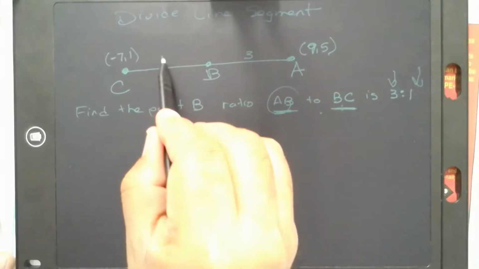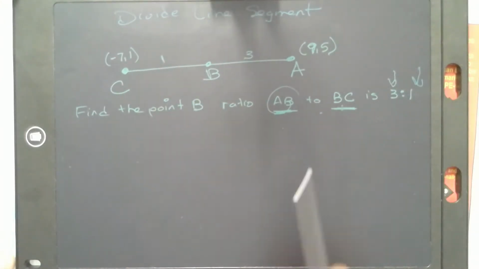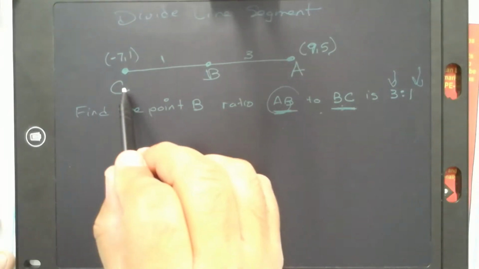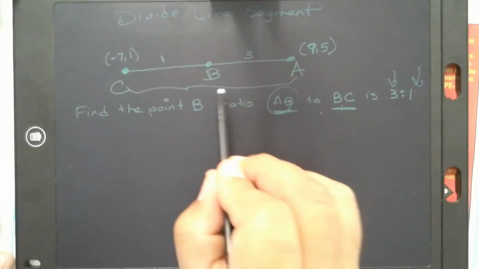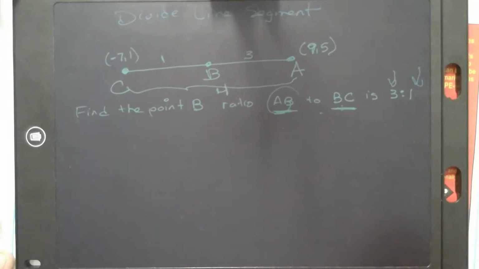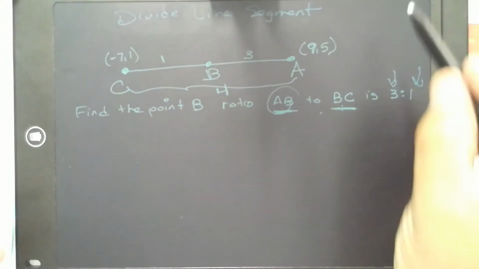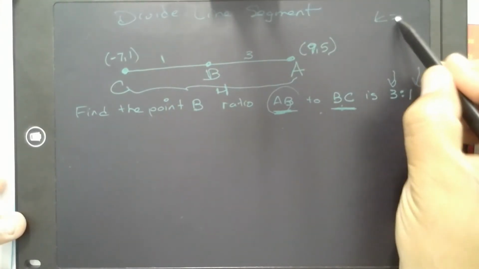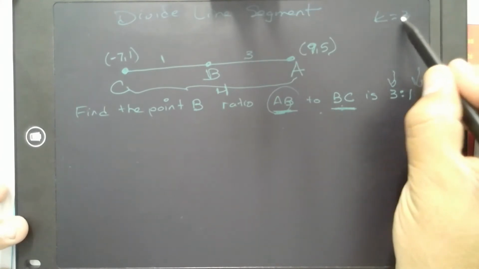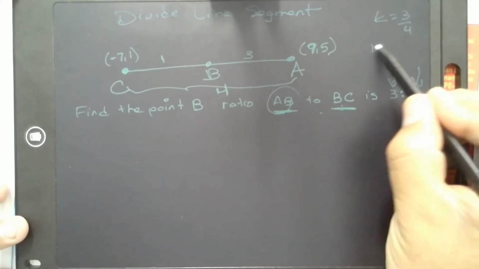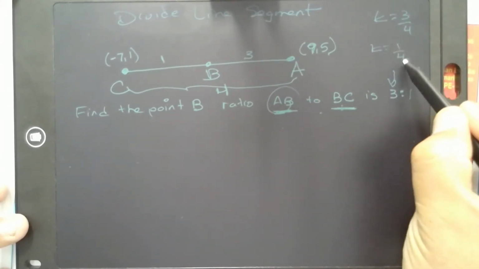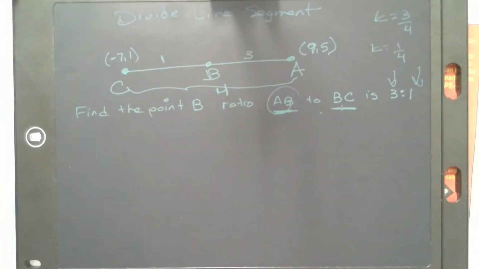So the number 1 is here. So according to this, the whole segment is going to be what? 4. So therefore, my K that I'm going to use is either going to be 3/4 or 1/4, depending on the direction that I go. Do you guys understand that?